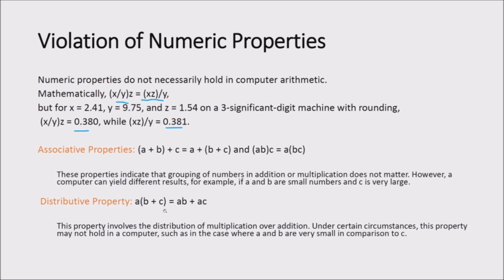I'm expecting you to know what the associative property and the distributive property are in math, so keep an asterisk on these two. It's better you know those things. There's nothing much to talk about here. This is one kind of violation of numeric properties: whenever the order of calculation is different, you get these errors.